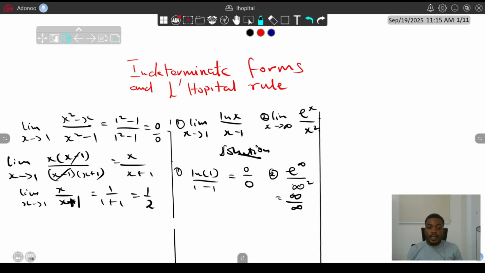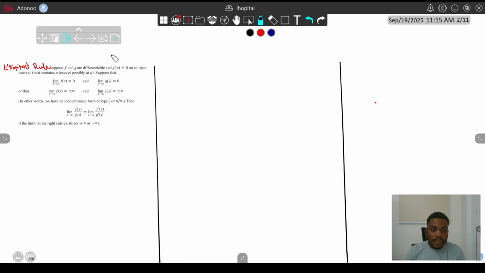Now, since we cannot apply the normal rules of limits onto these types of functions, according to L'Hopital, we are going to apply L'Hopital's rule. So according to L'Hopital, we can differentiate the numerator and then the denominator.